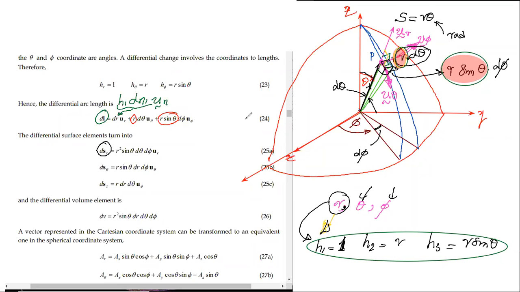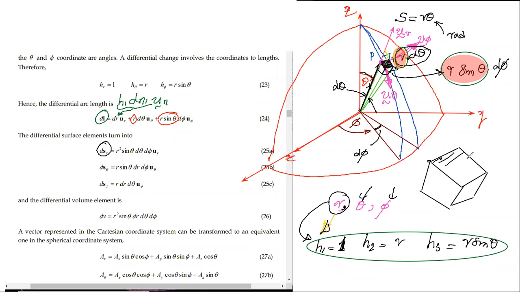This dS r means this surface. Right? So if I draw this a little bit, it's too small. Just assume this is the differential volume that we selected there.